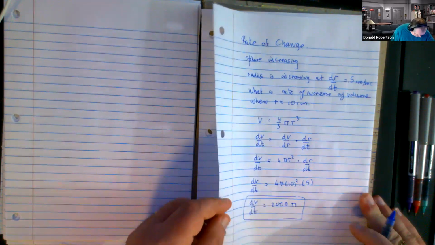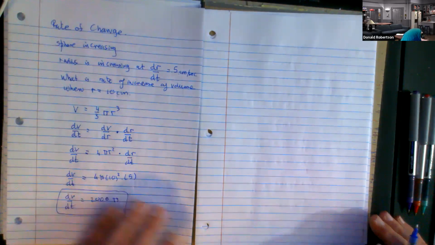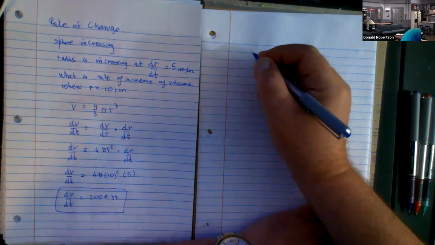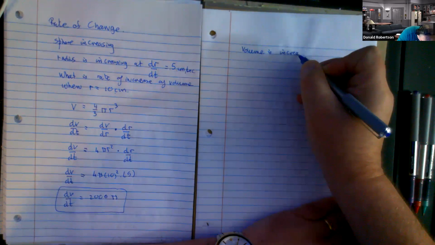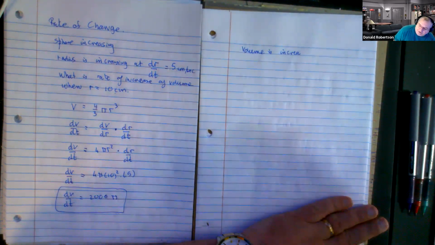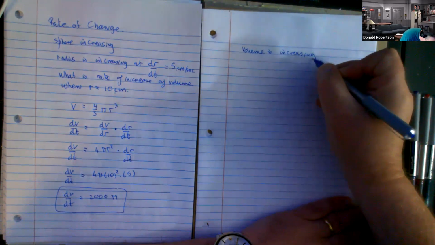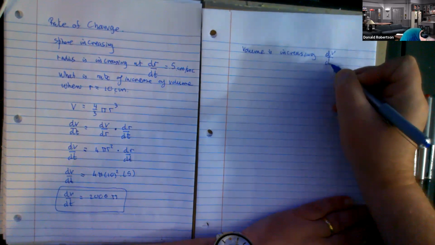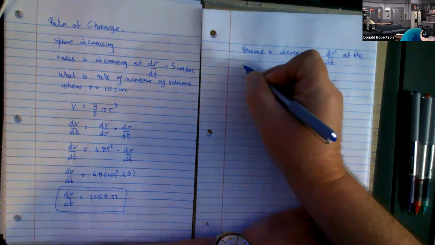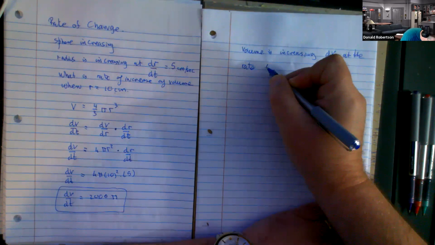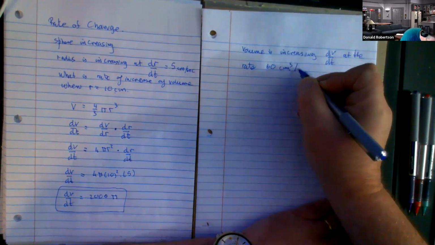Now, a very similar sounding question, but with one big difference. They'll tell you that the volume is increasing or decreasing. If it's decreasing, it just means the thing's negative, right? That's the only difference. So if the volume is increasing, they tell me the rate, let's say 60 cubic centimeters per second.